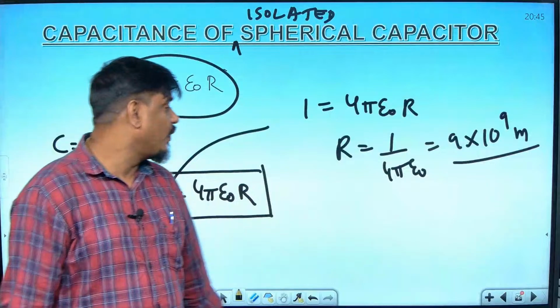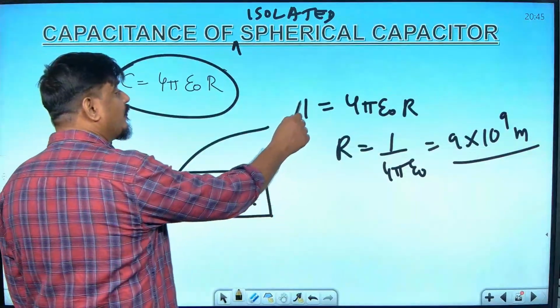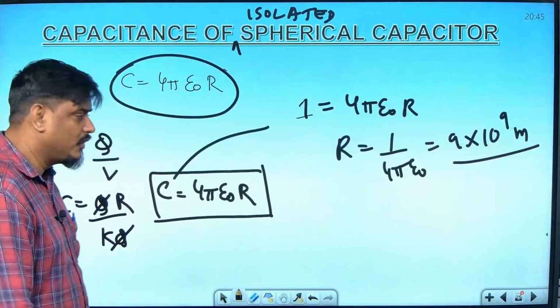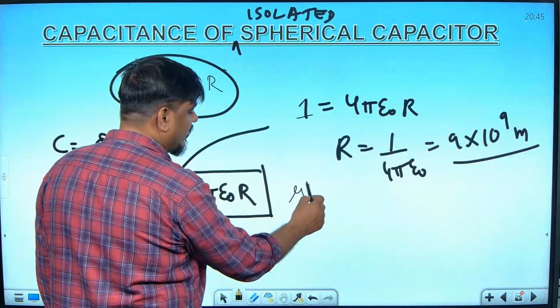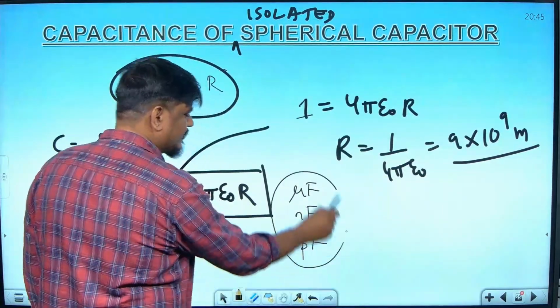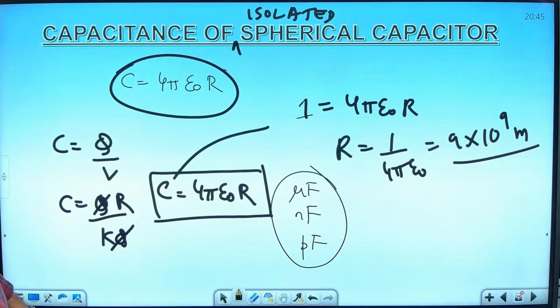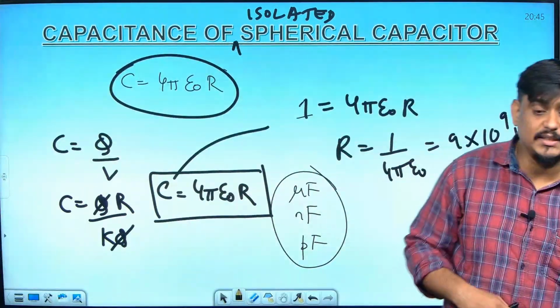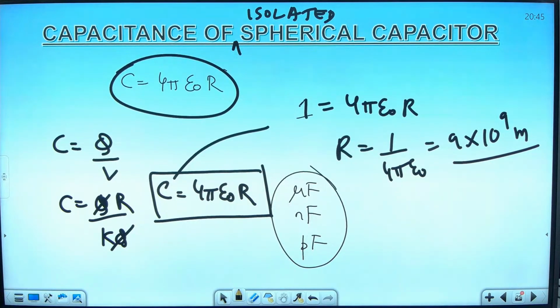That's why 1 farad is a very huge value, and we take smaller values of farad, which are microfarad, nanofarad or picofarad. So practical values of capacitance are nano, pico, micro, because 1 farad is too huge a value.